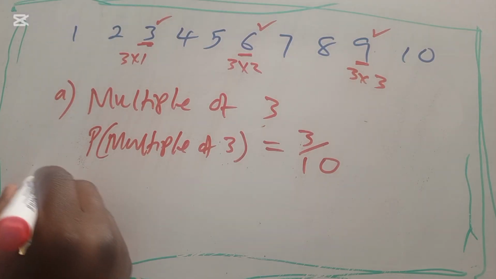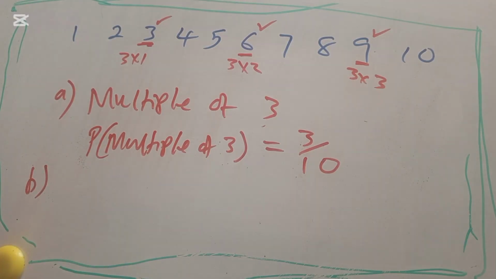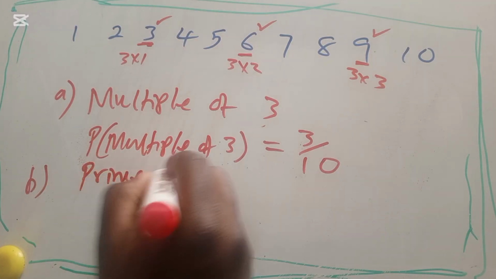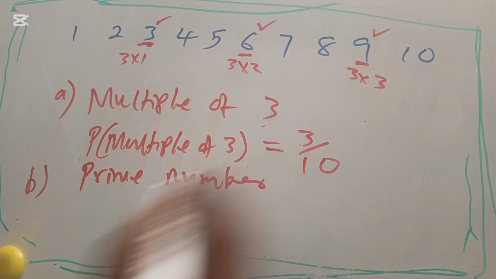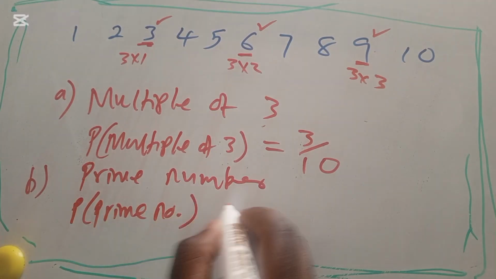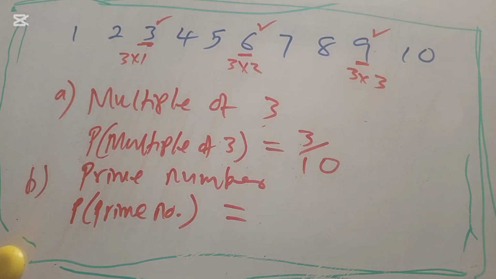The second probability you are asked is the probability of a prime number. So you need to identify all the prime numbers here. What is a prime number? It is a number that is only divisible by 1 and itself, and 1 is not considered a prime number.